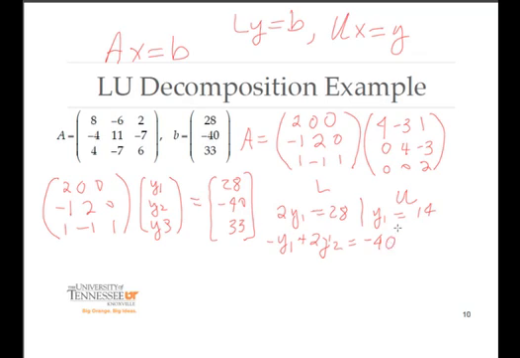But now remember we've already figured out what y1 is in this particular case. So we know that y1 is 14. Okay. So if we solve for y2 here, and I'll simplify just for space, or use what we had on the previous slide, we have y2 is going to be negative 40.